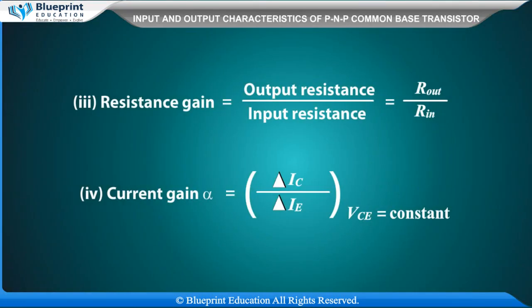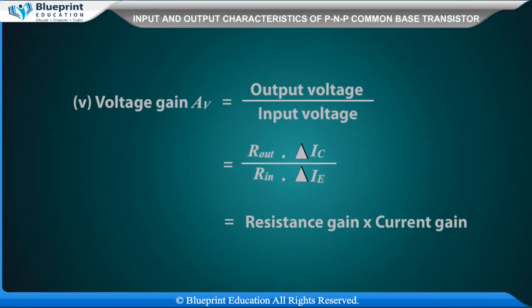Resistance gain is equal to output resistance by input resistance, is equal to Rout by Rin. Current gain alpha is equal to delta IC divided by delta IE, VCB is equal to constant.